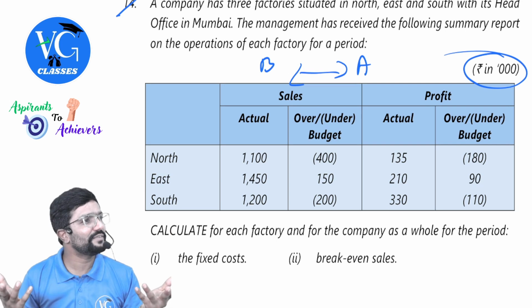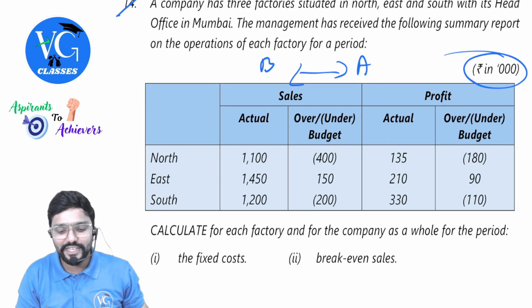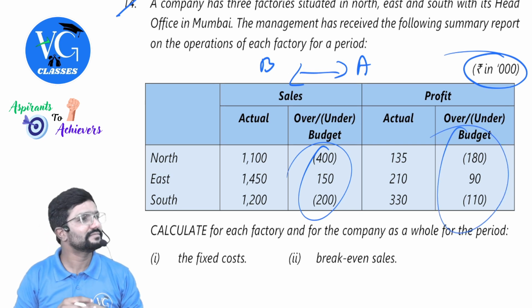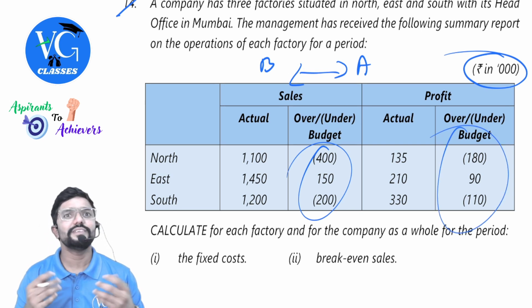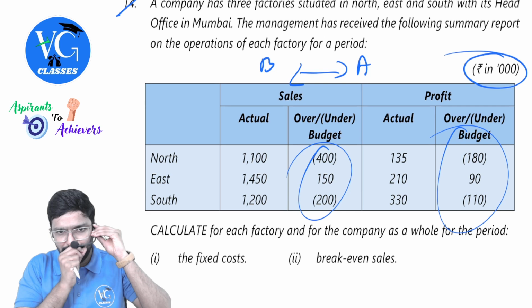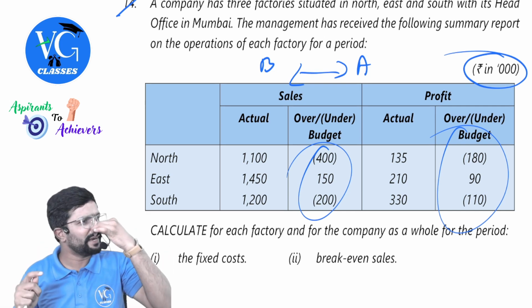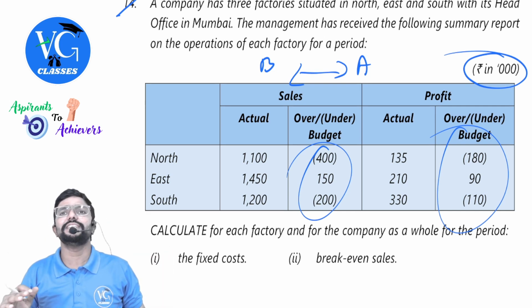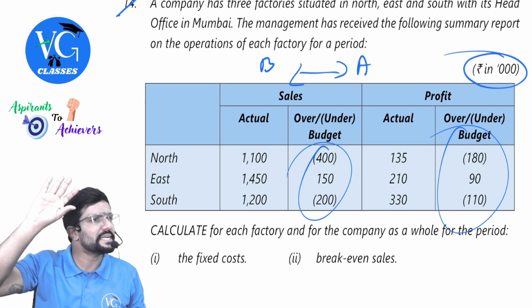Can we calculate change in profit, change in sales? Yes. Actually, it is already given. Can we calculate PV ratio? Yes, sir. That under or over is nothing but change in sales and change in profit.